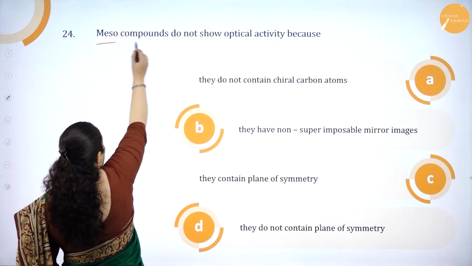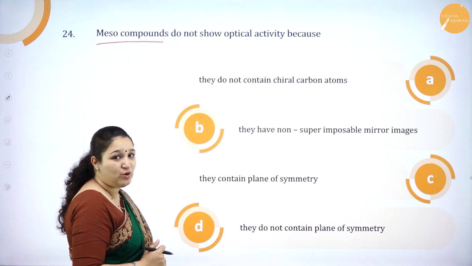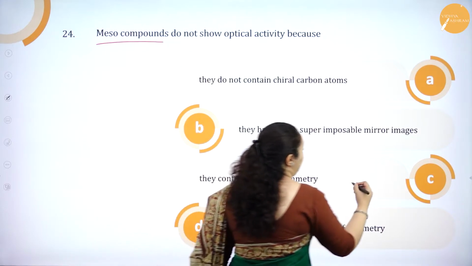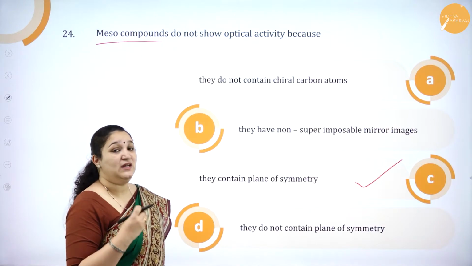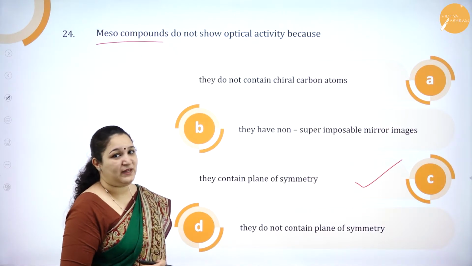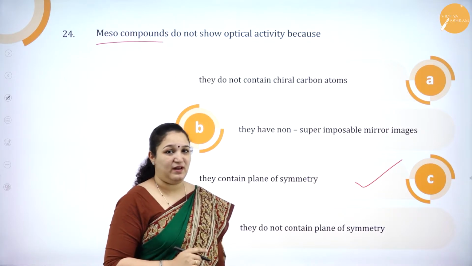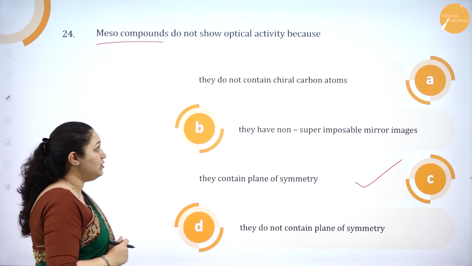Why exactly do meso compounds not show optical activity? That is because they contain a plane of symmetry. Even if there are chiral carbon atoms, they do not show optical activity because of the presence of a plane of symmetry. Okay. So I hope you understood what meso compounds are.